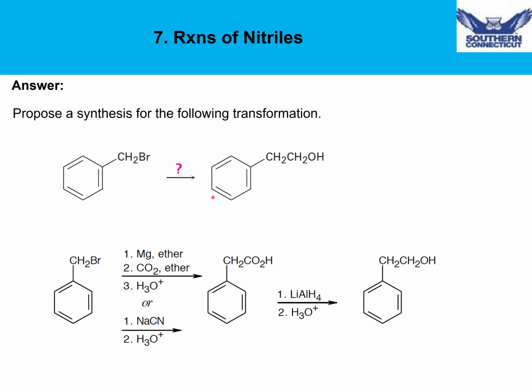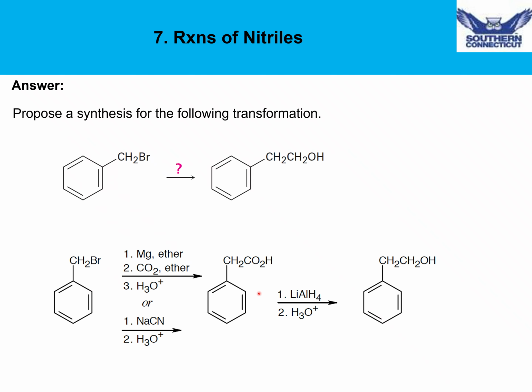In this transformation, we're converting an alkyl halide into an alcohol, and in the process, we're also adding a CH2 group. Now, you might recall that one way of making alcohols would be by reducing a carboxylic acid. And so if we can somehow add a carboxylic acid from the alkyl halide, we can complete this synthesis.